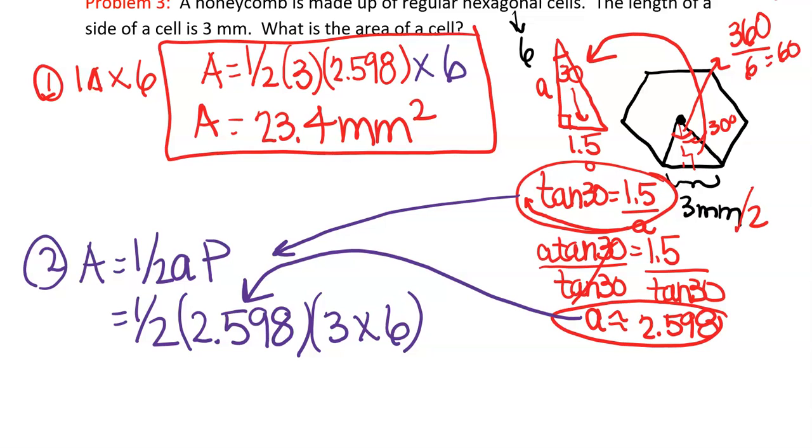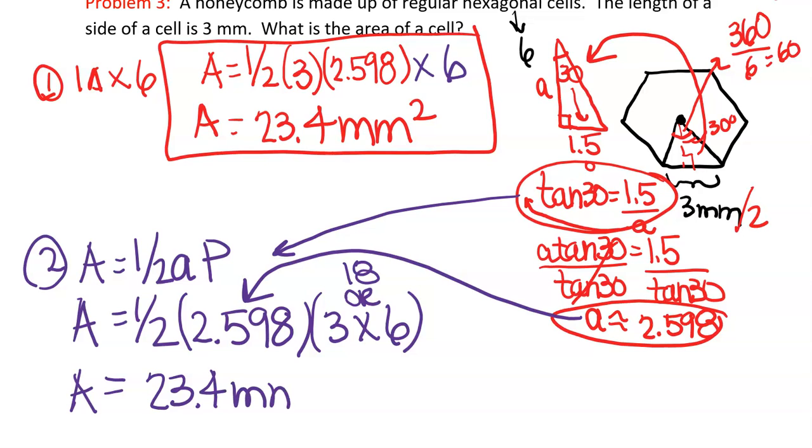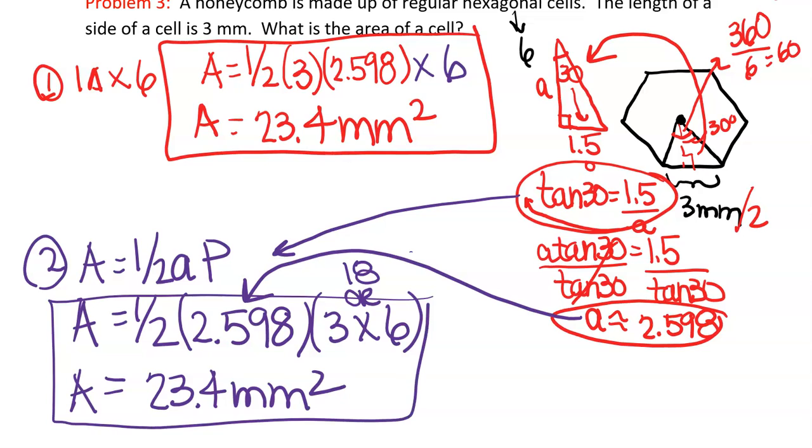So each side is 3. We have 6 sides, so that would be 18. So you could put 3 times 6 there, or you could put just an 18 there, and then you would multiply to get your answer. Again, it is 1/2 times 2.598 times 3 times 6, which is 23.4 millimeters squared. Exactly the same answer as we got last time.